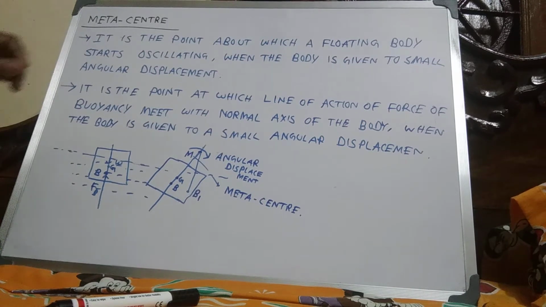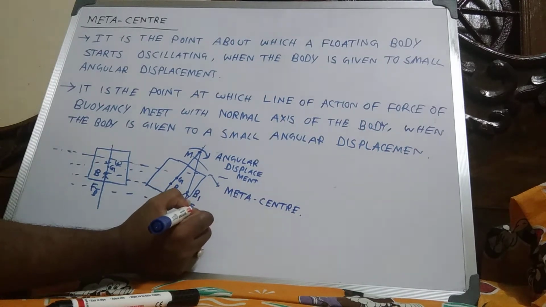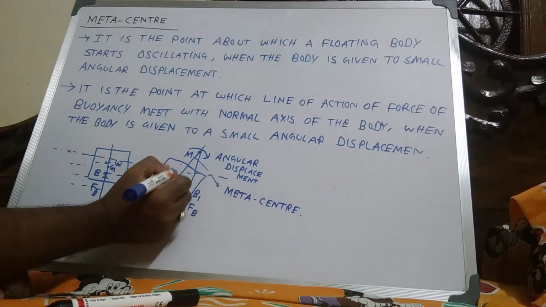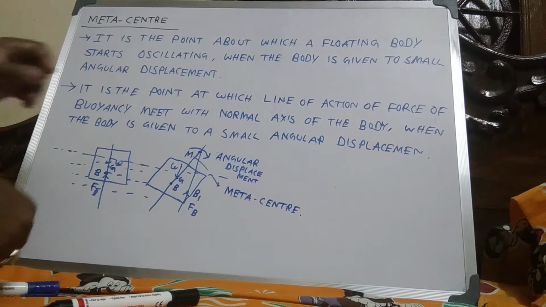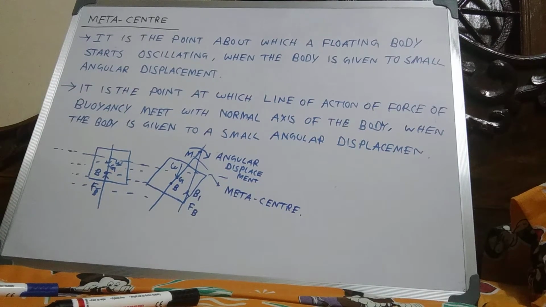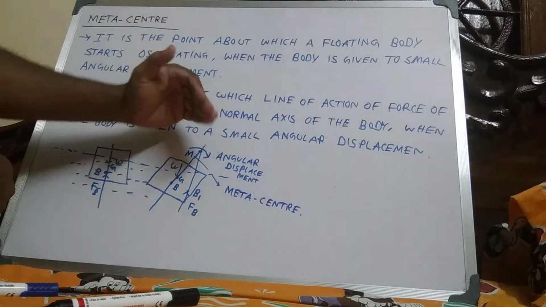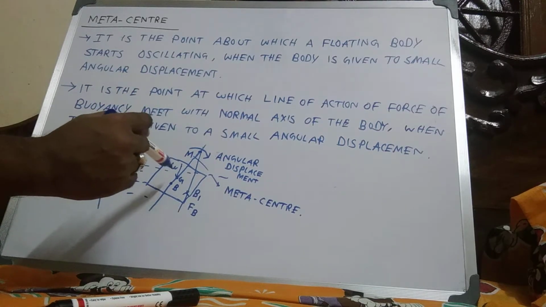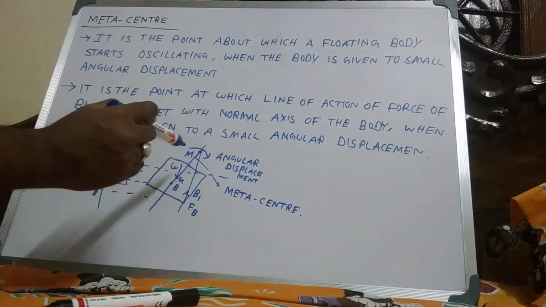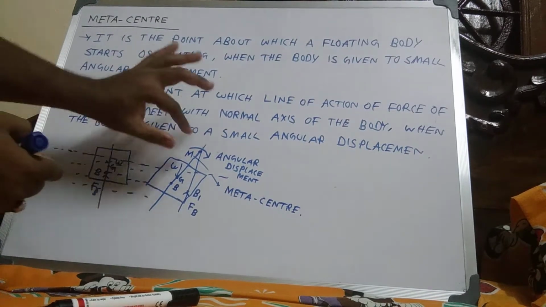And here at this position FB is acting, and at this position the weight is acting. With a small angular displacement in the clockwise sense, FB and W generate a couple acting in the anti-clockwise sense.